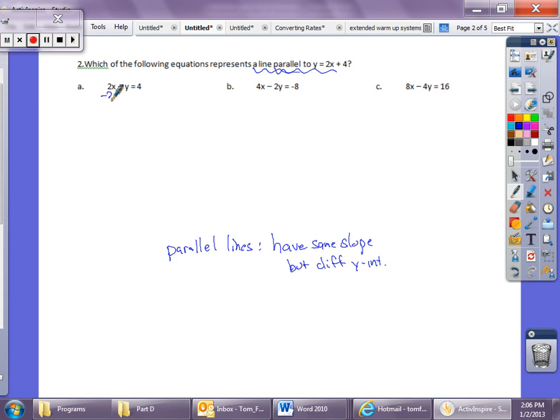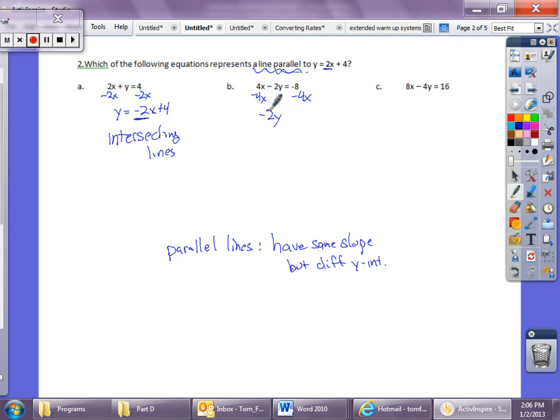Well, with A, we just check A. We can subtract the 2x from both sides. So this slope is negative 2. This slope up here is 2x. So we know that these are not the same. These are actually intersecting lines. When we look at B, we can subtract the 4x.